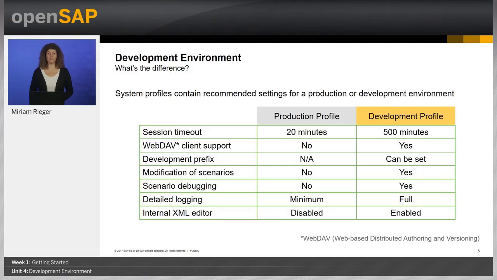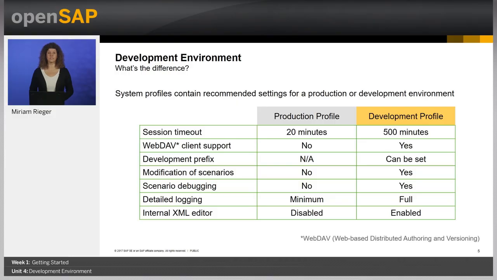A development prefix can be set in the development mode. This is only applicable in the scenario development, and there you can enter a 3-character string. This string will be added to the scenario name of all scenarios that you create. This allows you to identify scenarios developed by your company.